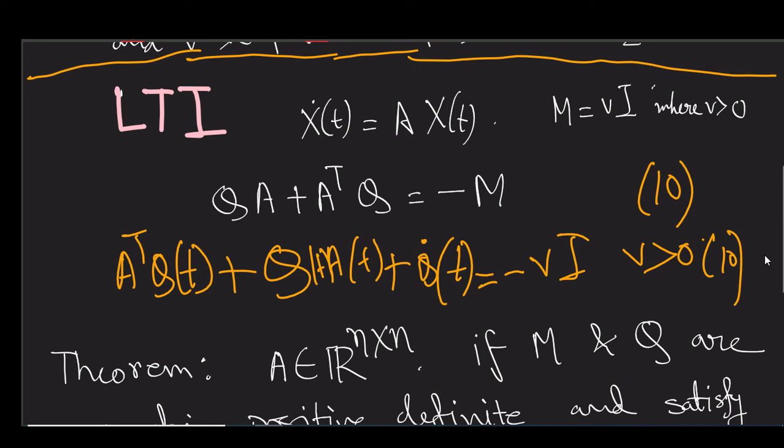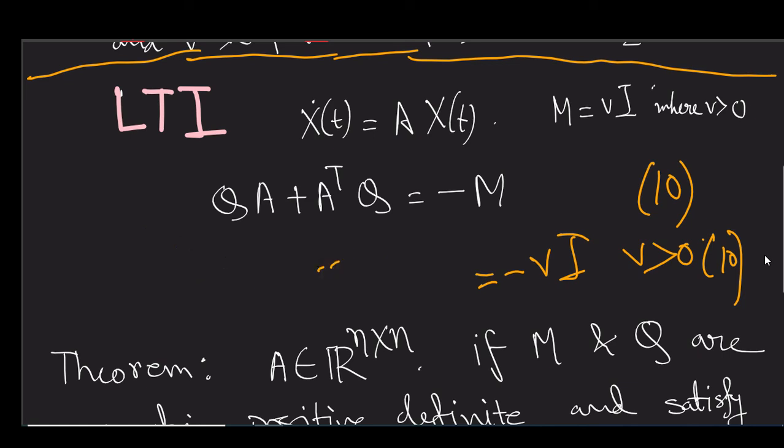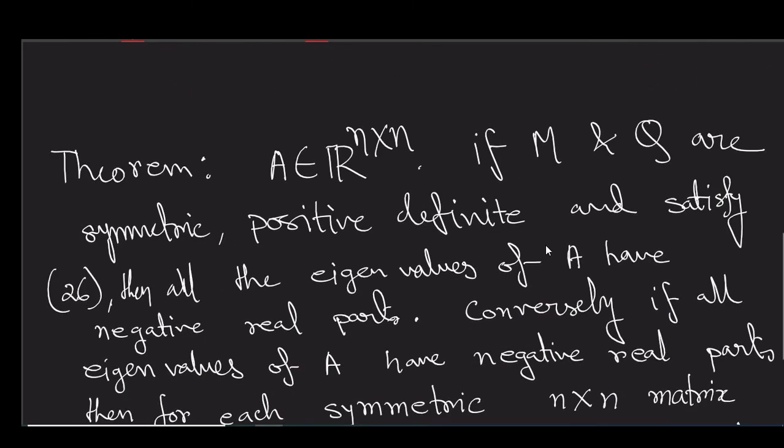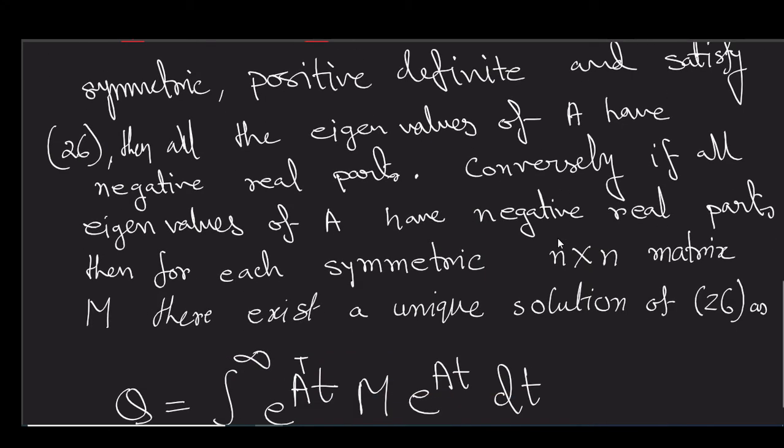Now as your A is time invariant, Q will also become time invariant, therefore Q dot(t) will become 0, and in this whole equation, instead of considering minus V I, we can consider M, where M is a positive definite matrix.